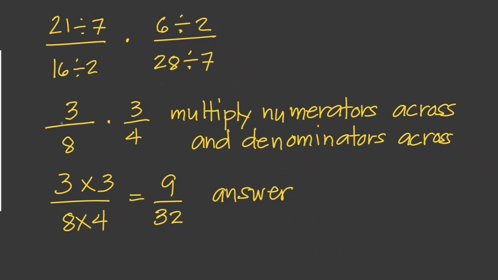So this is what we get: 3 over 8 times 3 over 4. Then we multiply numerators across and denominators across. That would be 3 times 3 over 8 times 4. So we get 9 over 32 as our answer.